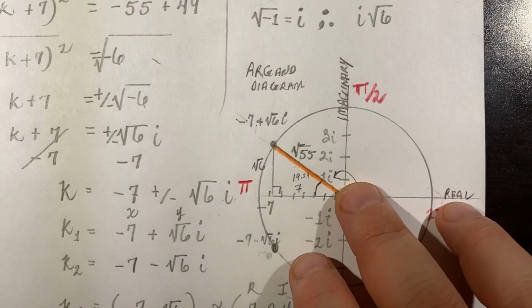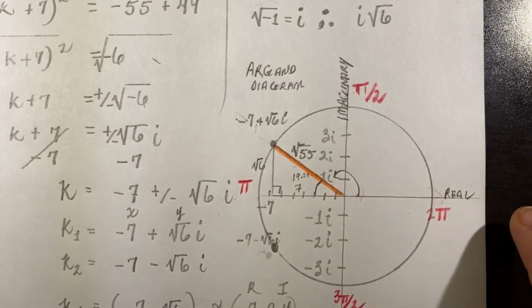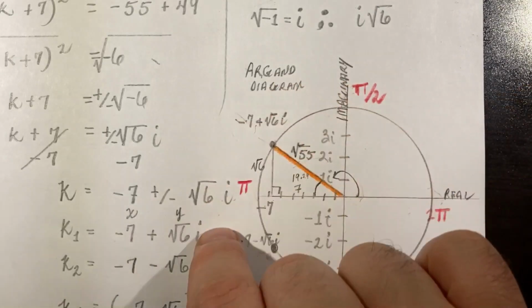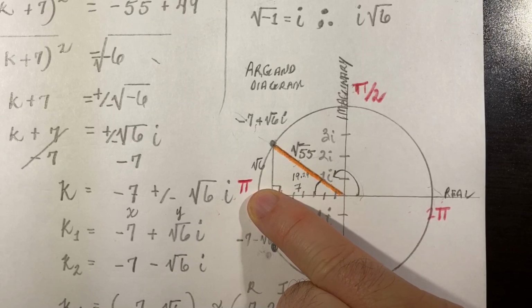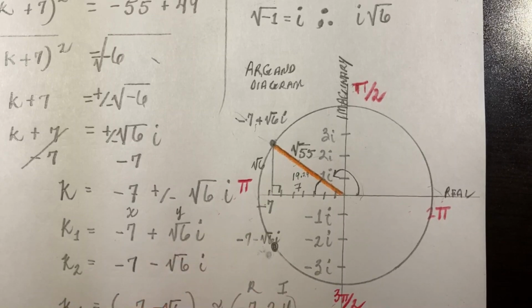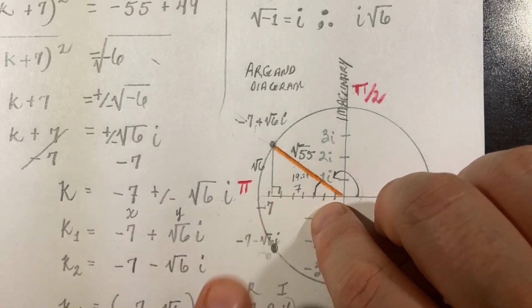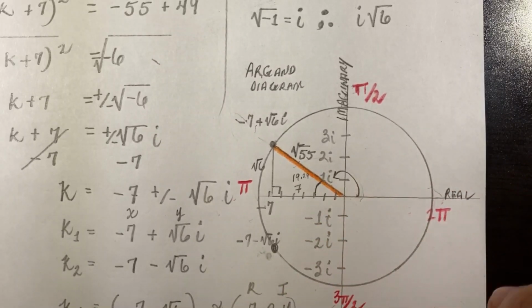So looking at this, if you were using radians, which would be the measure of the arc around the circle, you would just take pi and subtract the radian measure that you found when you took the arctangent.